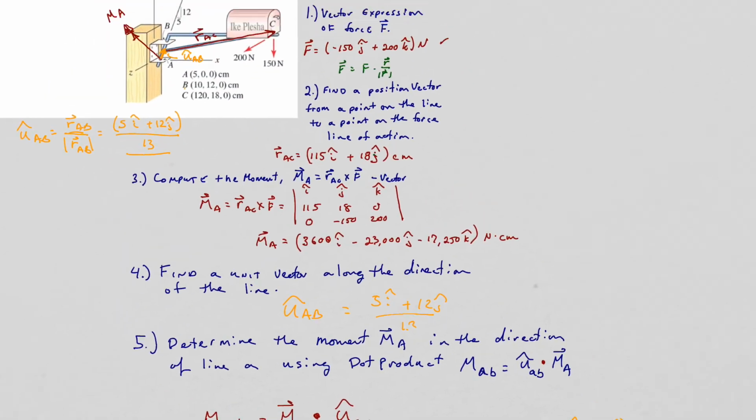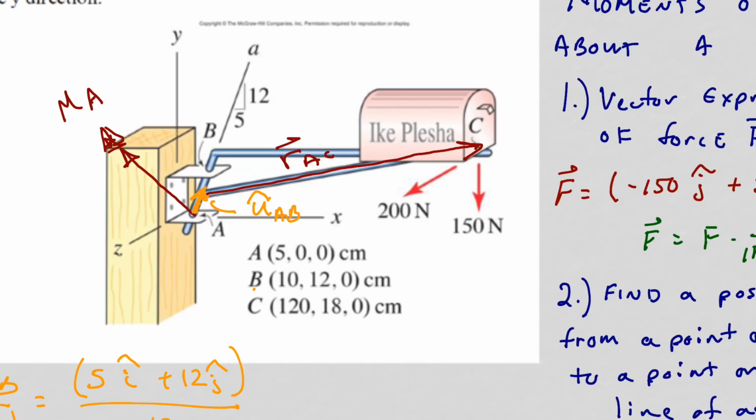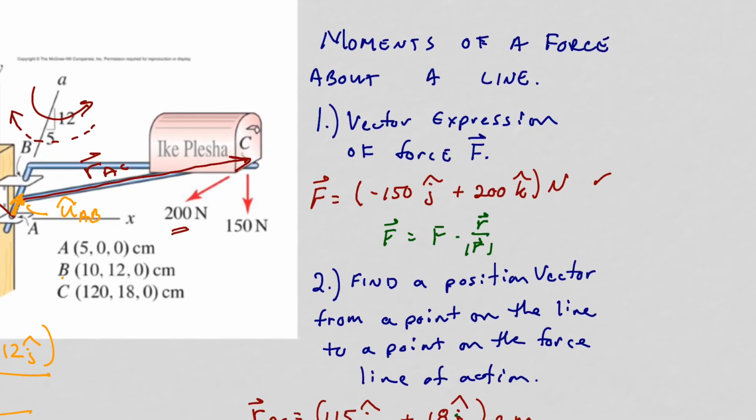So if I go back on here, and put the base of my hand at A, point my thumb towards B, we see that we're getting a positive moment that would go in this direction, but this 200 Newton is actually going in this other direction, which is a negative moment around it, based on the way we have taken our unit vector AB. So this seems to be a logical solution. All right, that is the process for finding moments of a force about a line. You will need to know this for the exam.